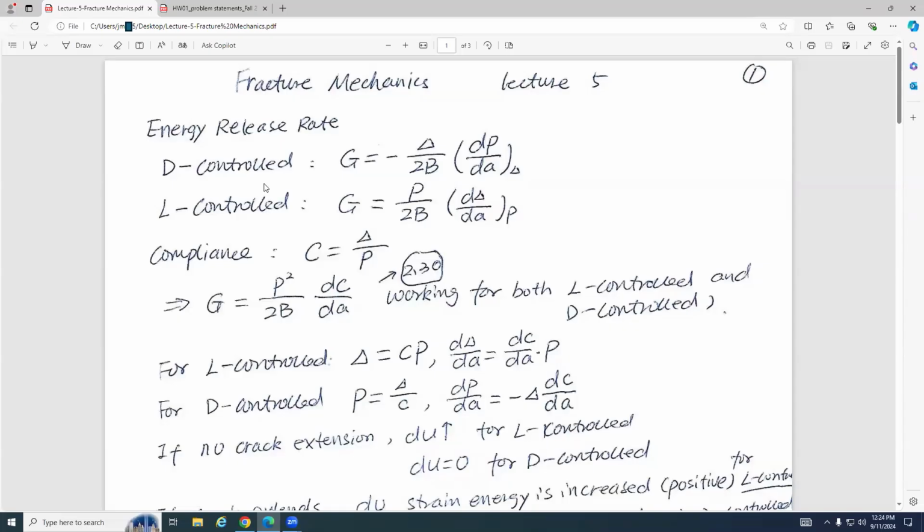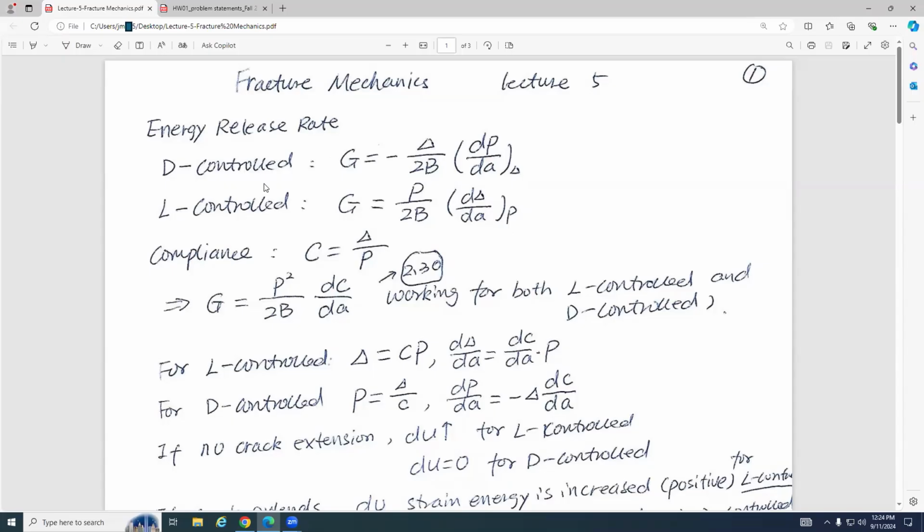Compliance. What is the compliance? We know the stiffness, and stiffness is the ratio between the load and the deflection. But compliance is the reciprocal of the stiffness.